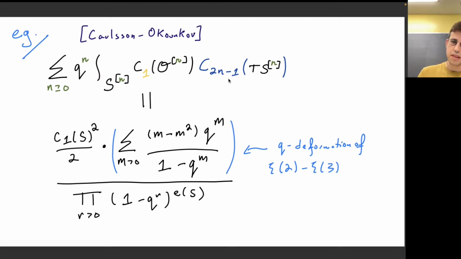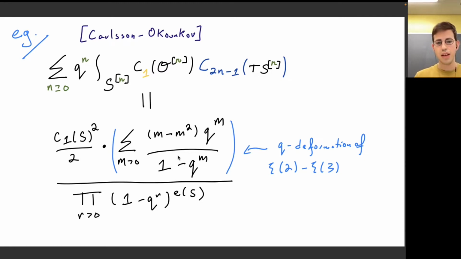And I form all of these integrals into a series. Then the result still has the same denominator as before, but the numerator is not a polynomial. I have some piece that depends on Chern numbers of the surface and the corresponding bundles, but then I have this extra series here.